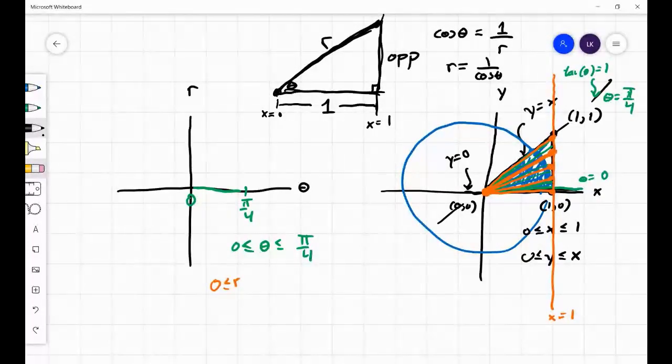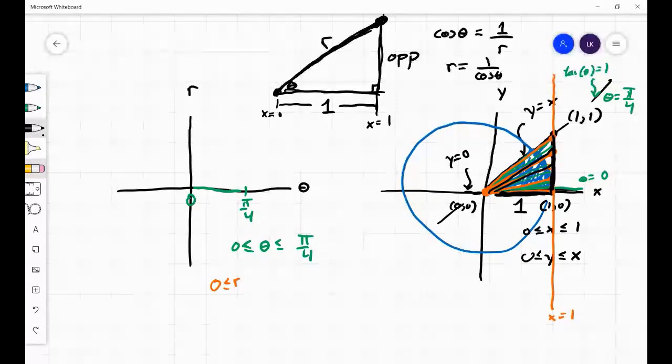Okay. So r would start at 0. The opposite is not 1. The opposite side increases as we move up the triangle, but the adjacent side is always 1. So this point is not necessarily at 1, 1.